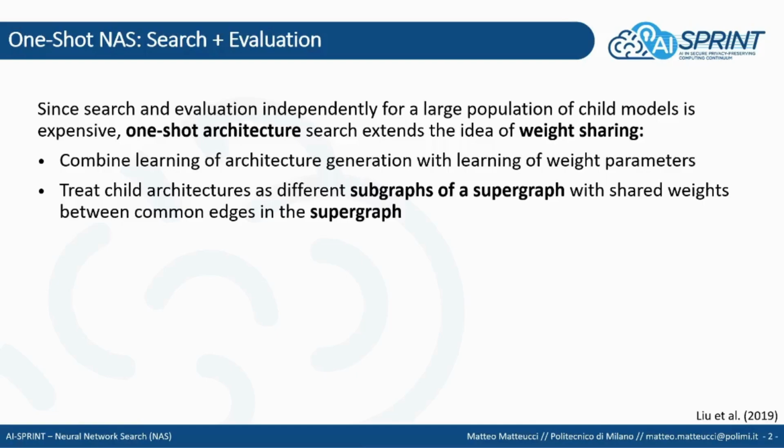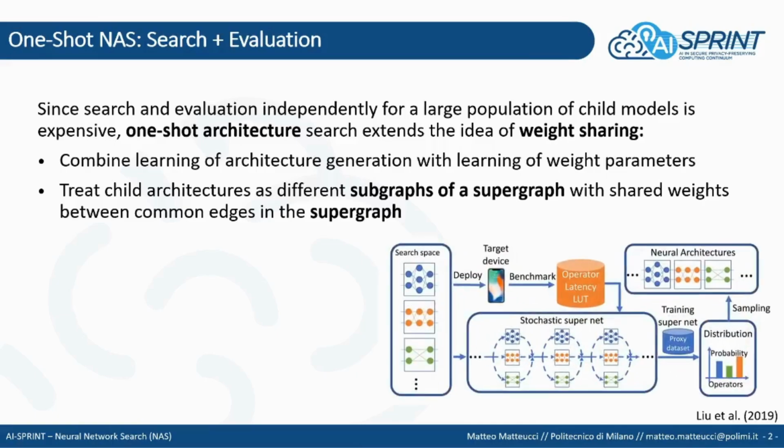They treat each architecture as a subgraph of a bigger supergraph, with which they share the parameters. The bigger graph is called the supergraph. So the idea is that the search space with all these architectures that we see in the picture is just a subset of a bigger model.